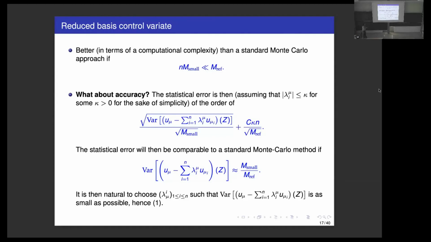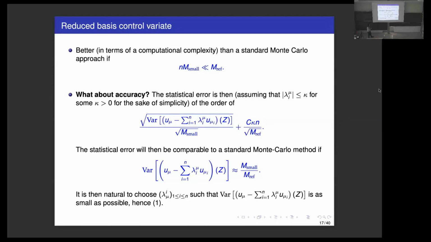In terms of computational complexity, this may have an interest in the case when small n times n small is much smaller than m. And this has an interest if you can achieve similar levels of accuracy while small n and n small are in this range of values.